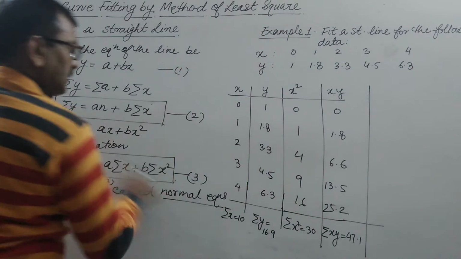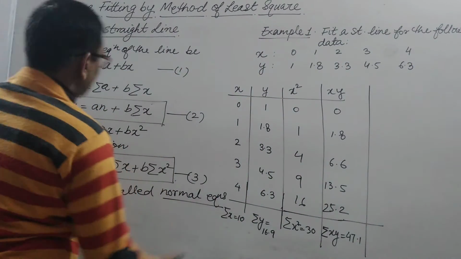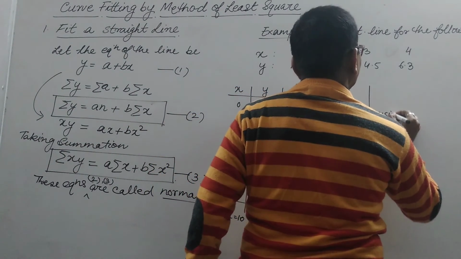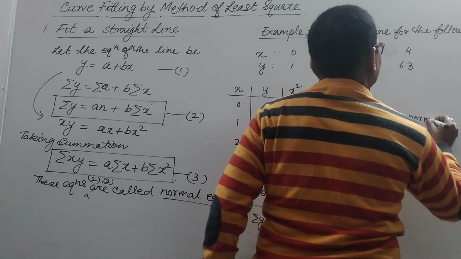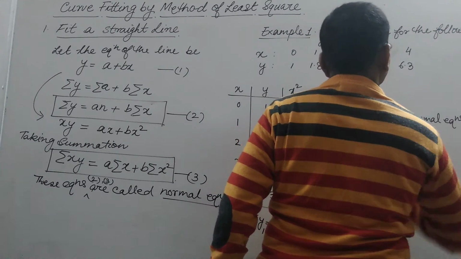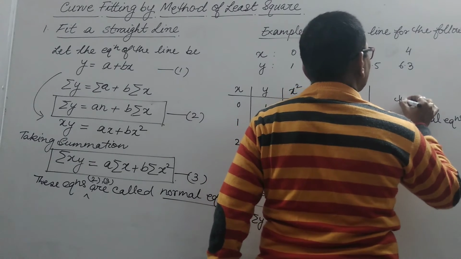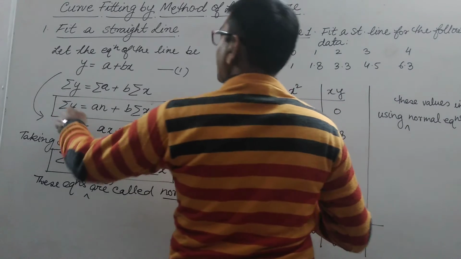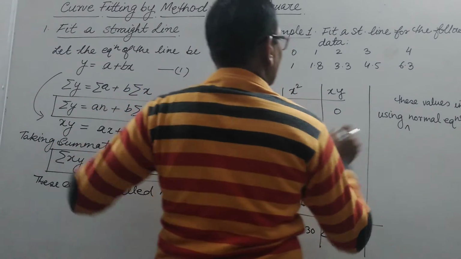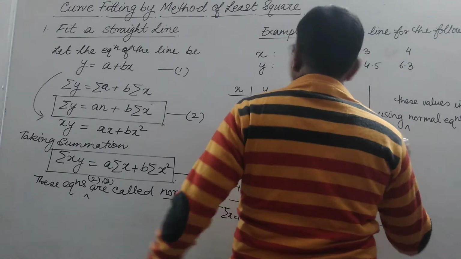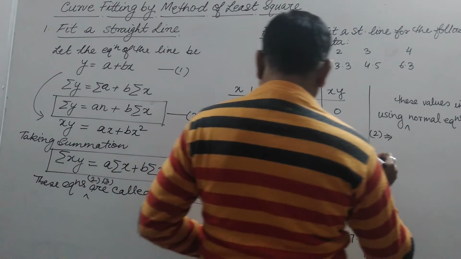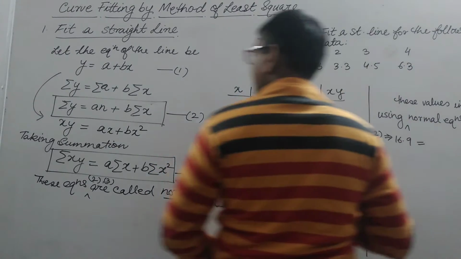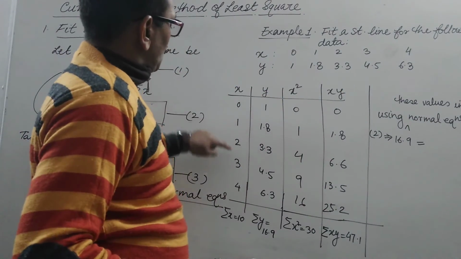Now we'll put these values in the normal equations. Equation number 2 gives sigma y, which was 16.9, is equal to na. How many data? 1, 2, 3, 4, 5.